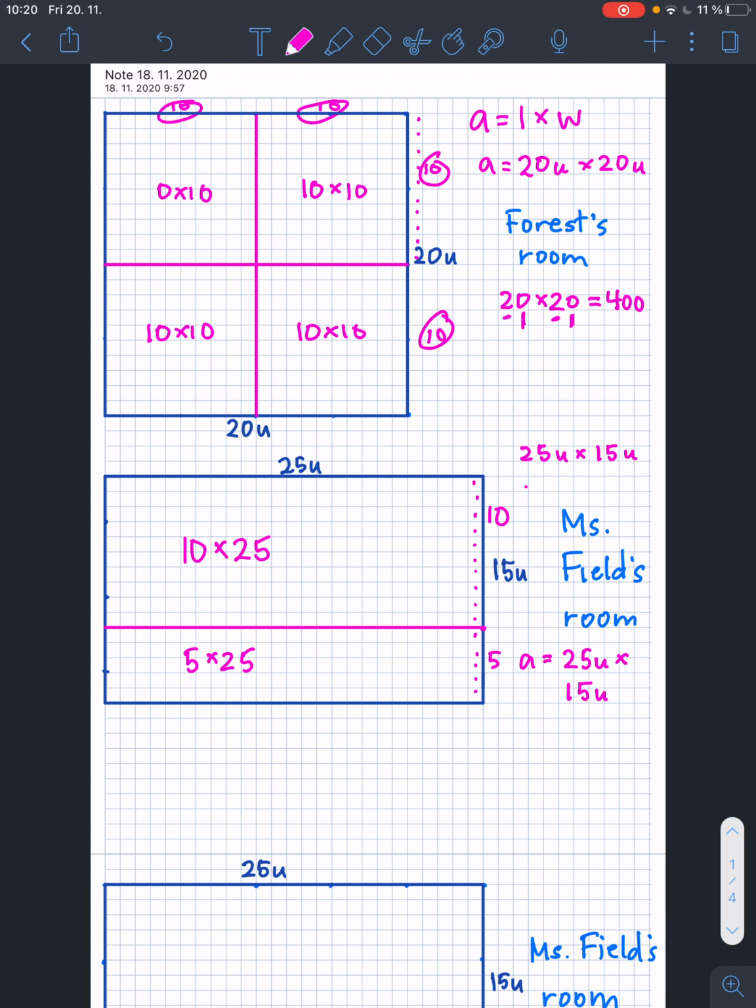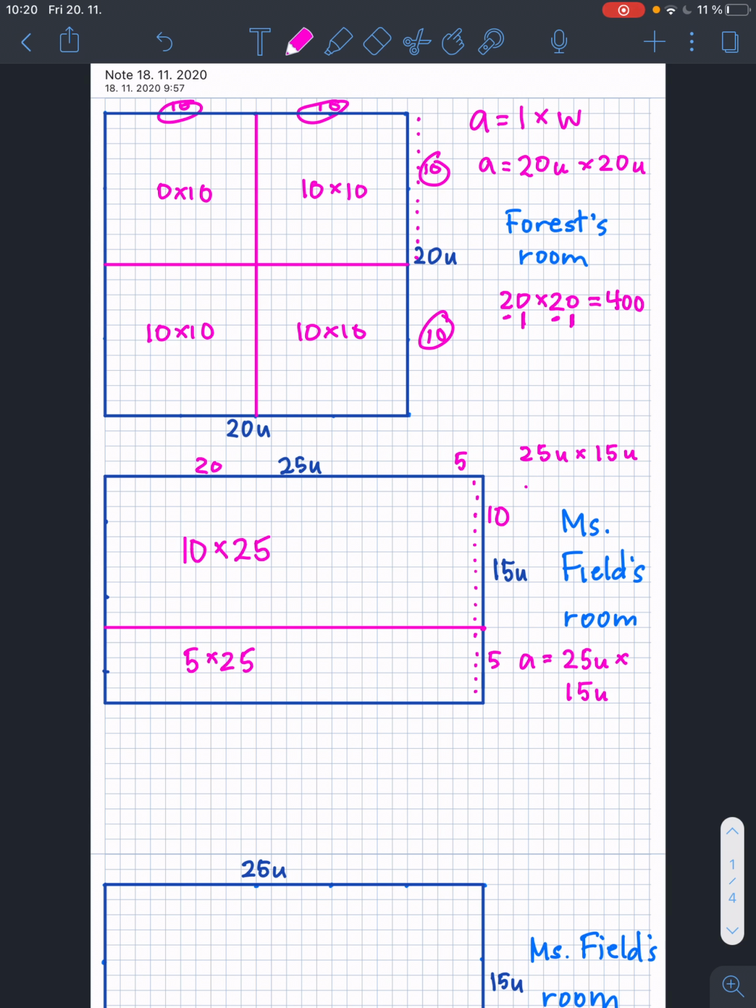But most of us don't know our 25 times table, and we don't know our 5 times table up to 25. So we might need to break this up into even smaller bits to make it easier to work with. So one thing that we might want to do is to break up this 25 into 20 and 5.